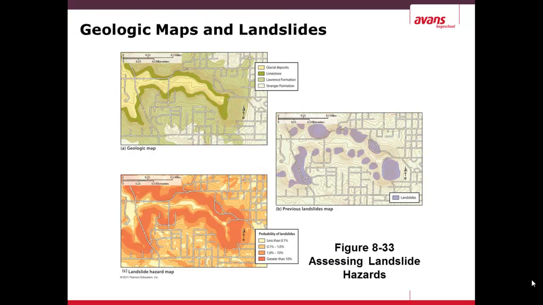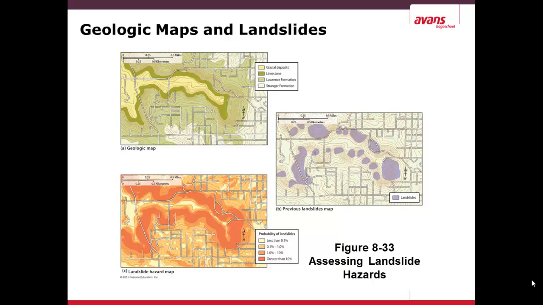And here you see a few different of these possible geologic maps, on glacial deposits, you see on the top upper left hand, and also on landslides, and B from previous landslides.